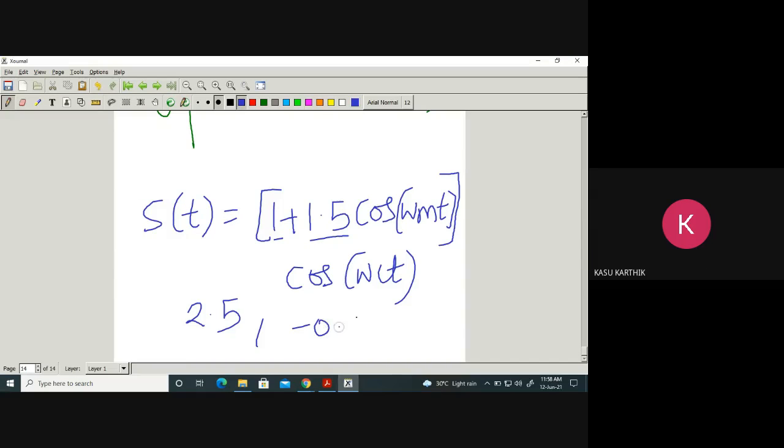Minus 0.5 means your amplitude is negative. For the first time you are getting negative amplitude. Is it okay? So here we should take mod, because in the last two cases the amplitude was positive. It was non-negative at least. So there mod was not required. Here you should take mod.